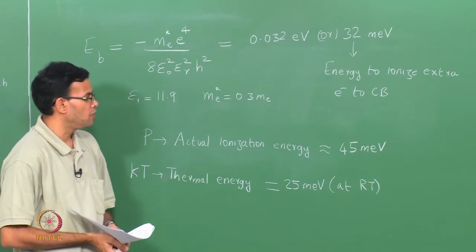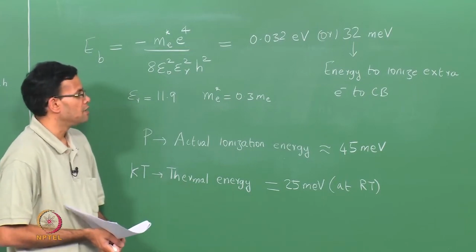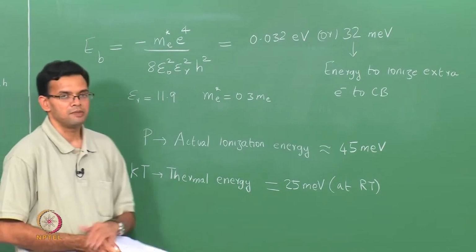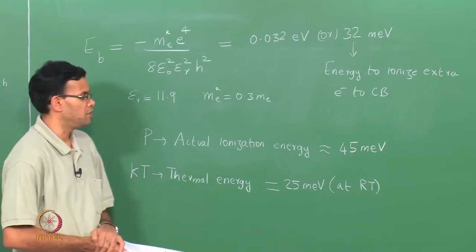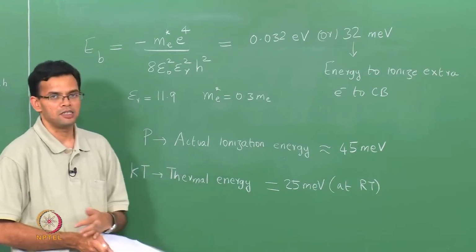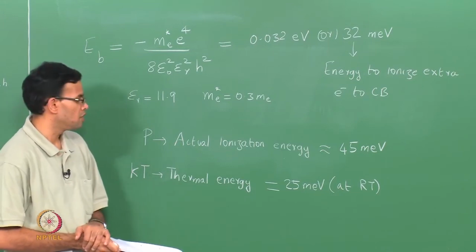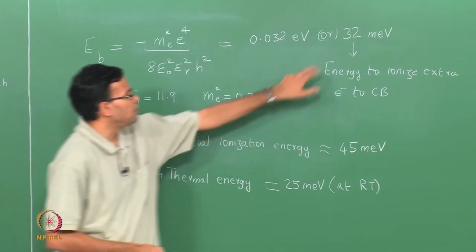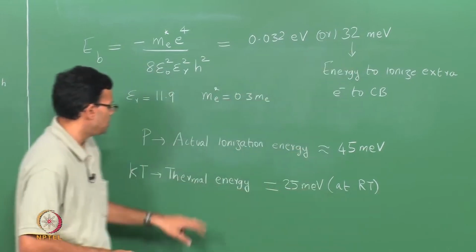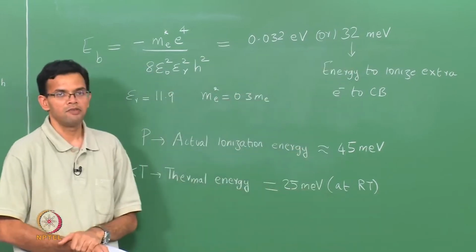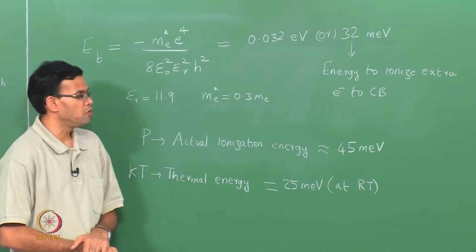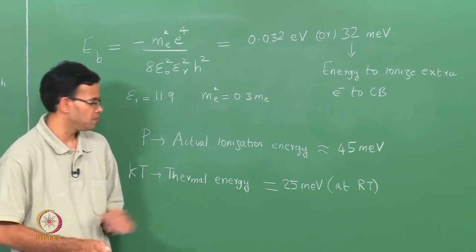We will also show later on explicitly that all of these impurity atoms are ionized at room temperature when we do the calculation for electron and hole concentration as a function of temperature. But for now, just by looking at the ionization energies and the thermal energies, we will say that all of these impurity atoms are ionized.